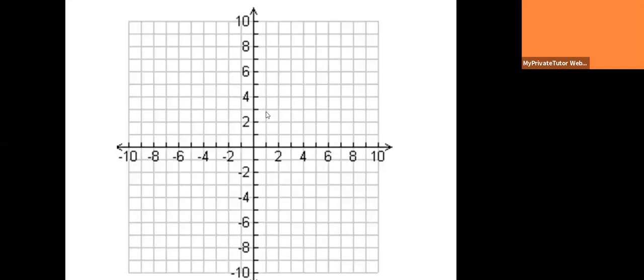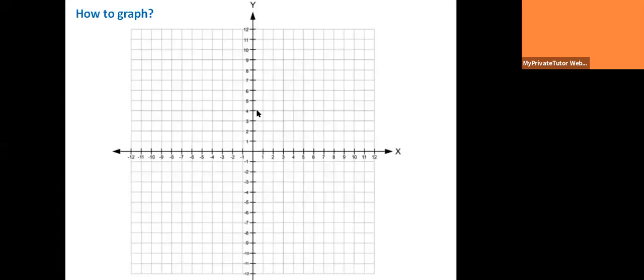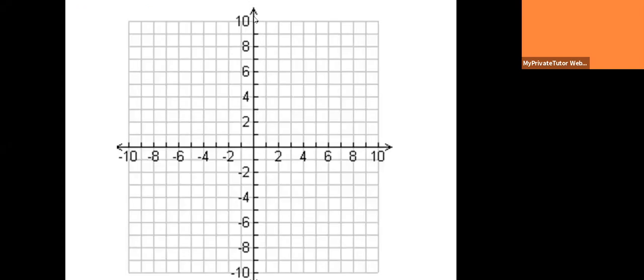I think I'm done with this graph, but let me quickly explain the other way around.